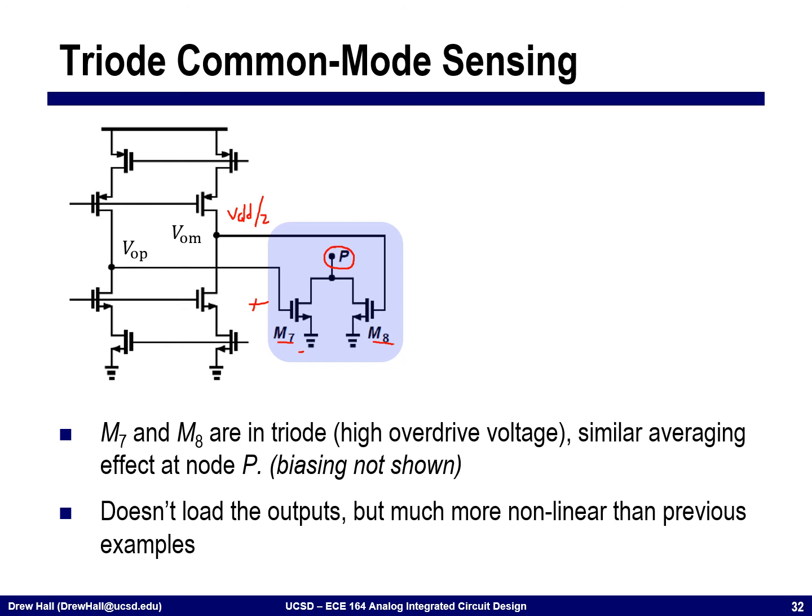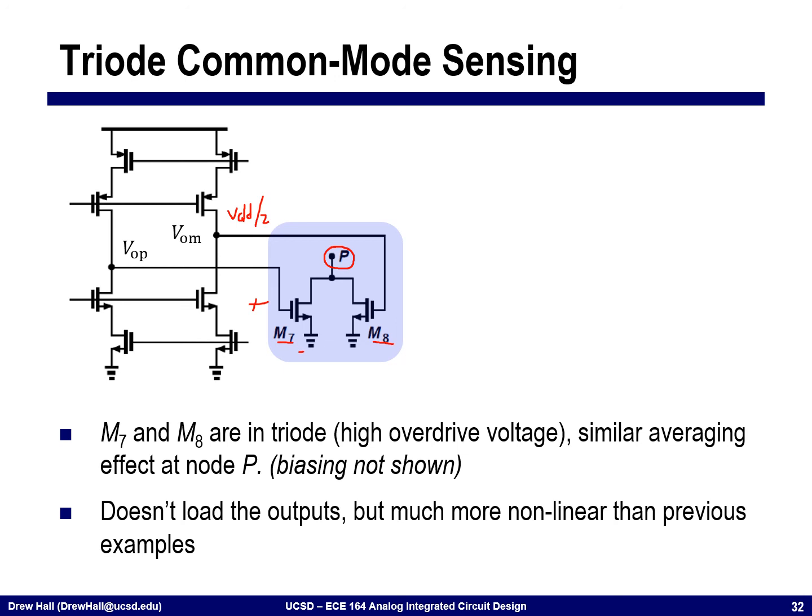The biasing, I should mention, in this particular circuit is not shown. I'll show you a little example later on where I do put this into an actual amplifier and how you would use this. So this circuit is nice in the sense that it doesn't load the amplifier with a resistive load. We do introduce a small capacitive load from M7 and M8, the gate capacitance here.